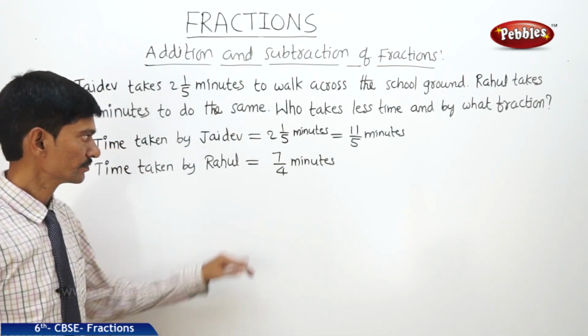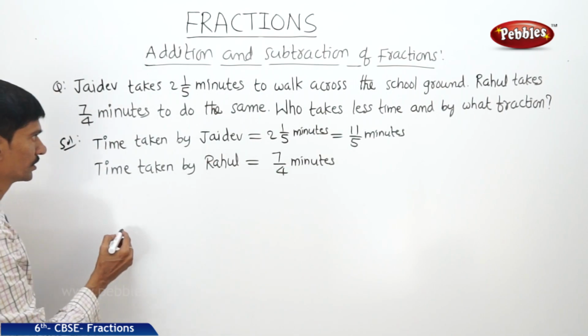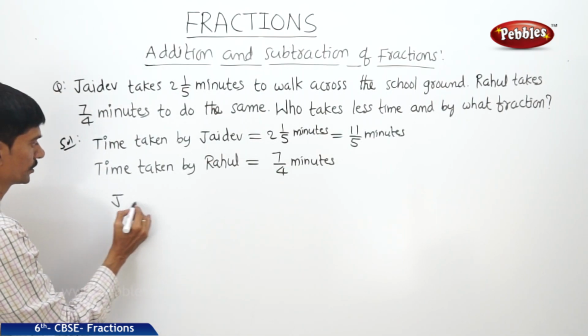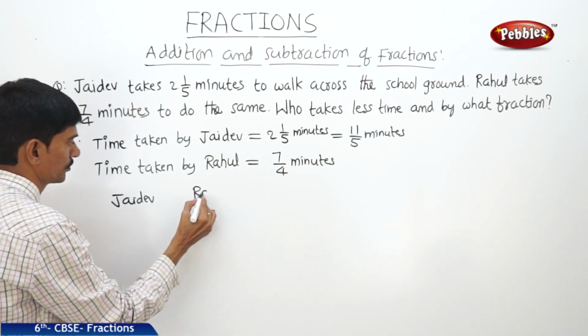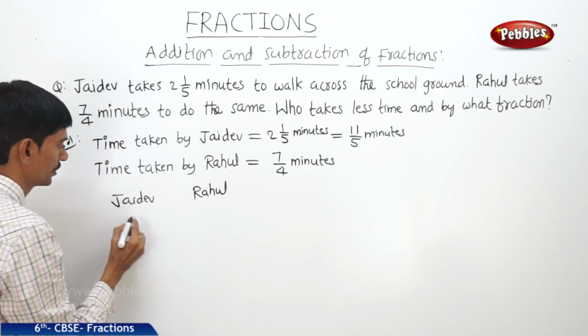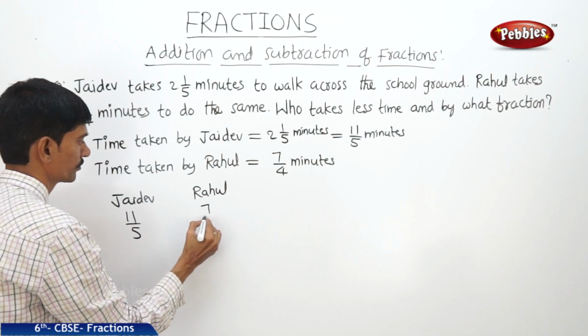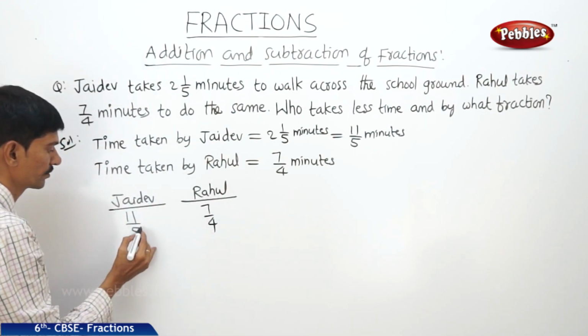So let us make the denominators equal. 11/5 for Zaidev and 7/4 for Rahul.